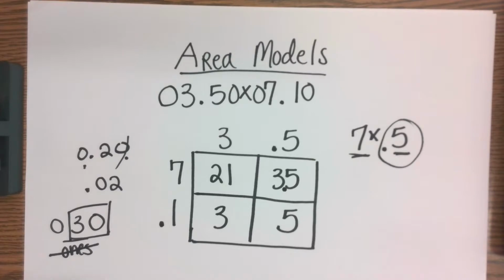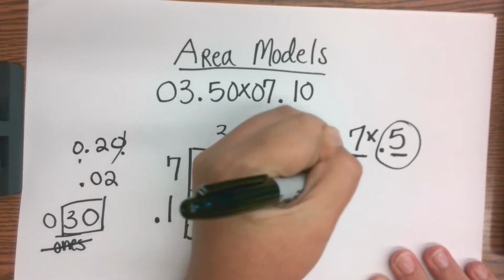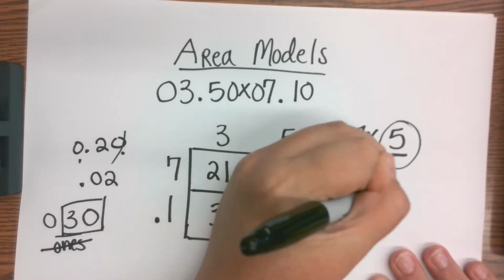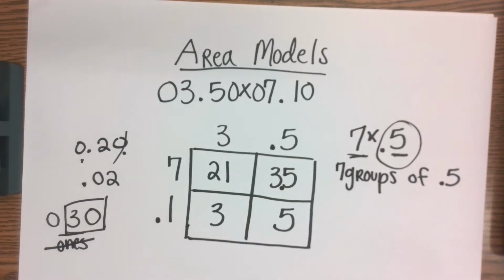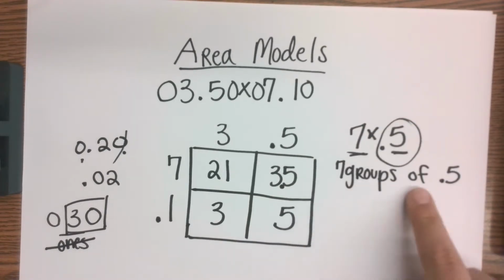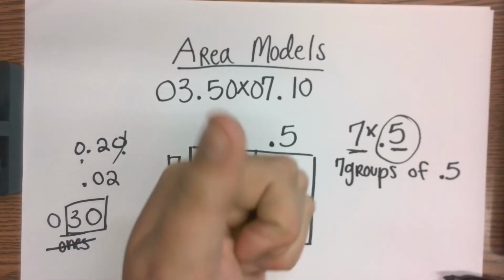And we can check this because this problem means I have 7 groups of 5/10. 7 groups of 5/10. So if I count 7 groups of 5/10 out, watch this.